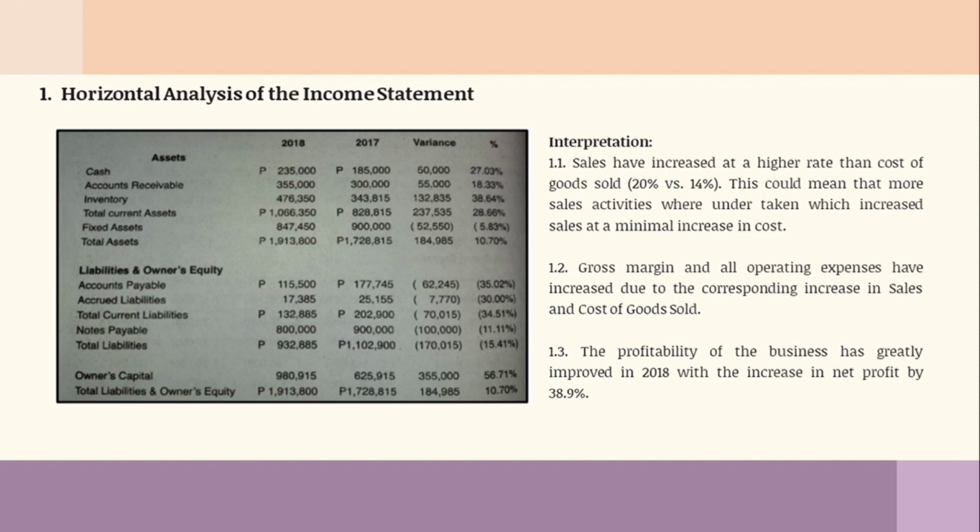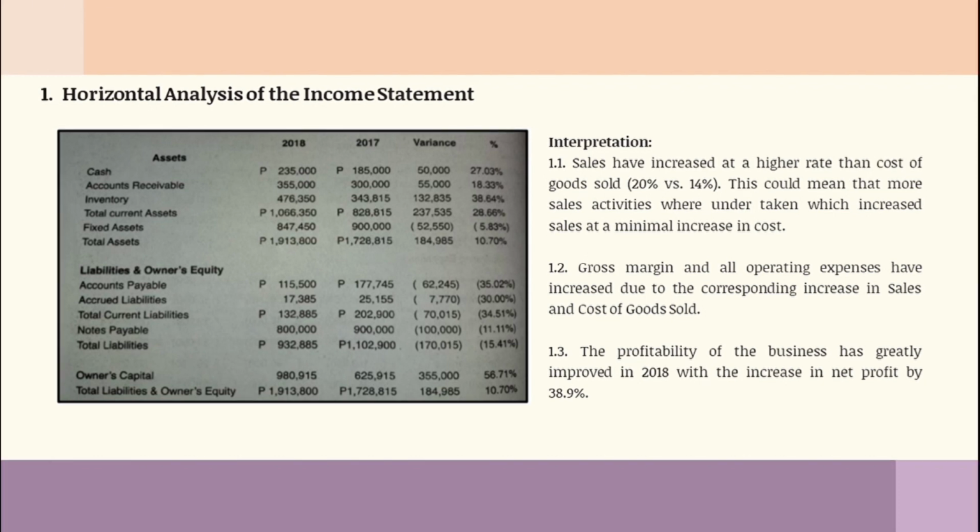So, good sign ini siya since nag-increase ang net profits in 38.9%. Nag-indicate ini nga dako nga improve sa overall profitability sa company or business since higher net profit means na ang company or business is nag-generate siya sin more income relative sa expenses, which can lead to good financial health and performance.